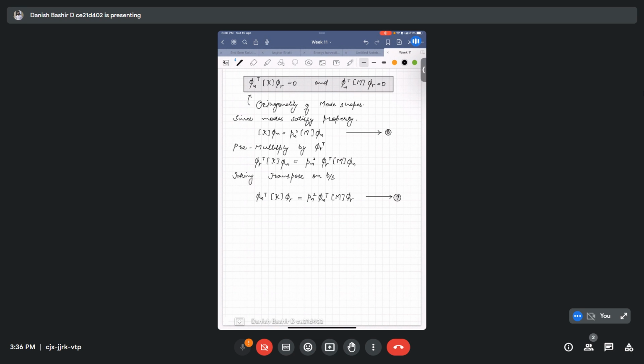Since every mode satisfies the property for mode phi n, we can write it for mode phi r as well.